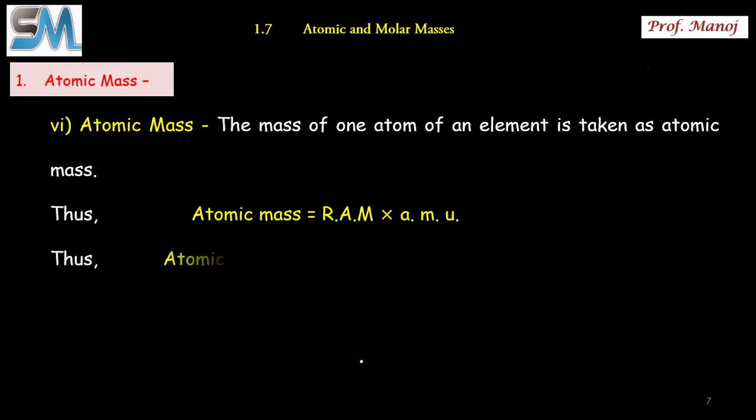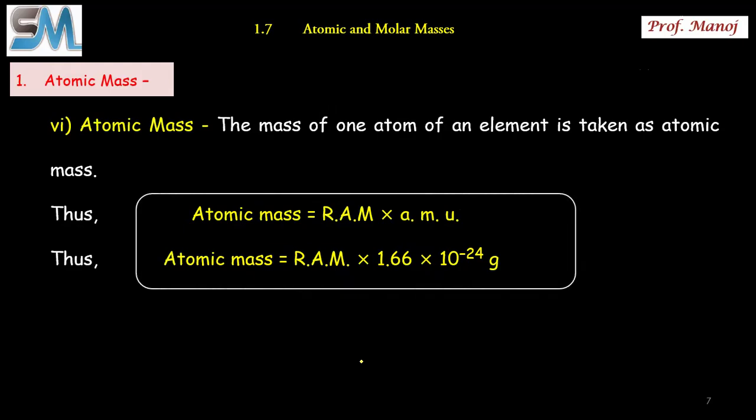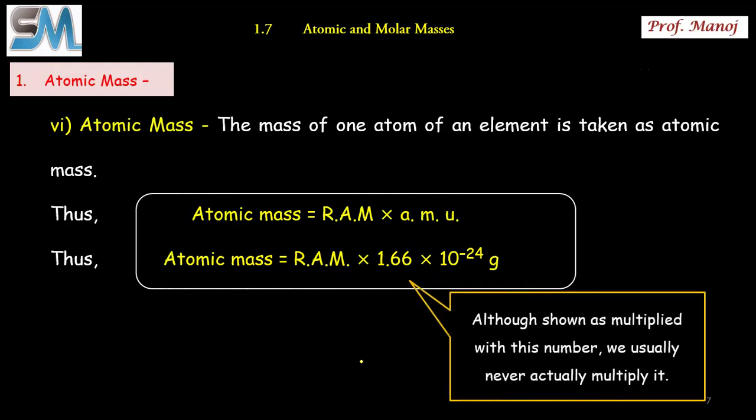But what is AMU? 1.66 into 10 raised to minus 24 gram. So, if you are actually finding this answer, this is called atomic mass. But usually, although I have shown it like a multiplication, they never do that. They just write U in place of this. So instead of this entire number of 1.66 into 10 raised to minus 24, they just mention U. We will see that in the examples also.